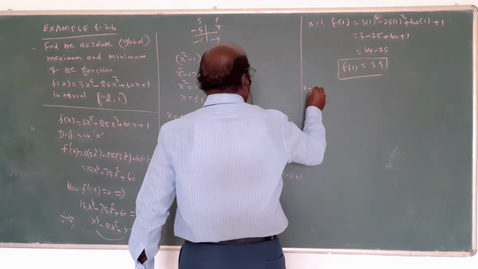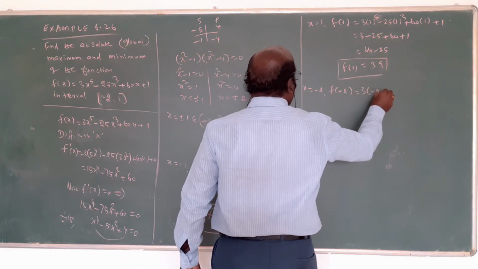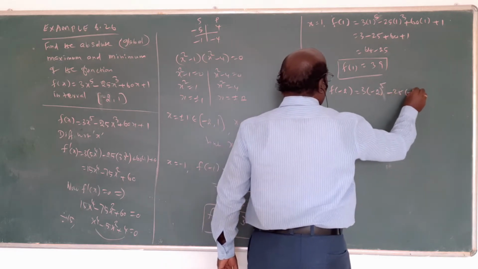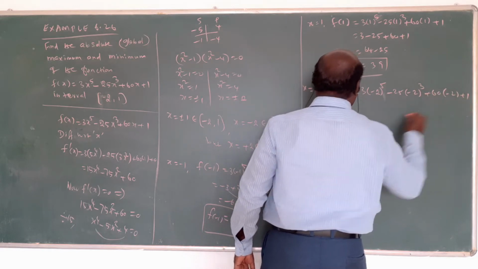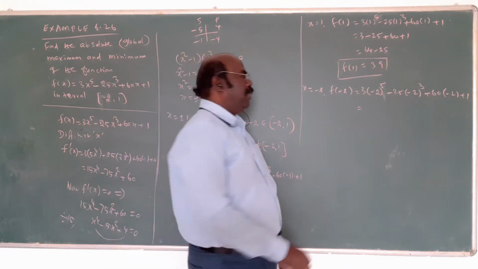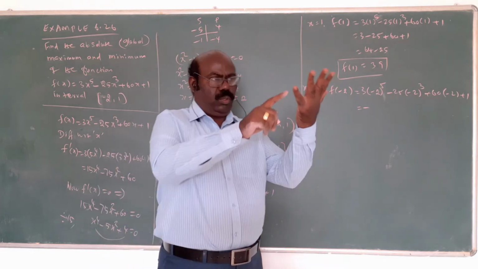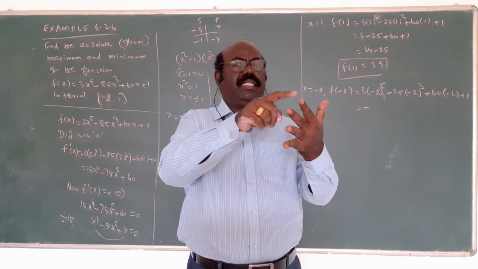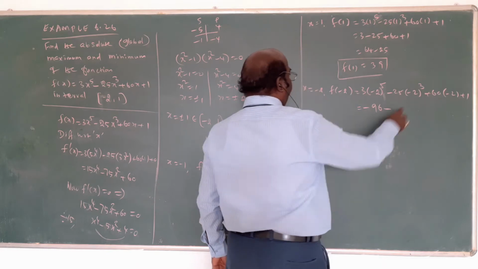When x is equal to minus 2, f of minus 2 equals 3 into minus 2 whole power 5, minus 25 into minus 2 whole power 3, plus 60 into minus 2, plus 1. Minus 2 whole power 5 is an odd power, so it is negative: 2 power 5 is 32, so 3 into 32 with a minus sign is minus 96.